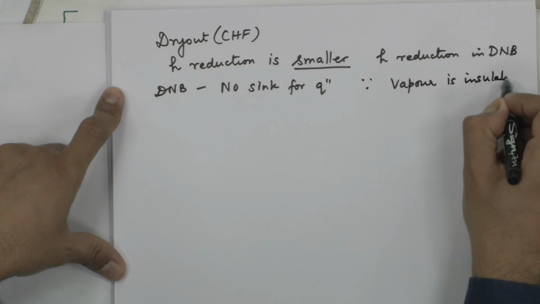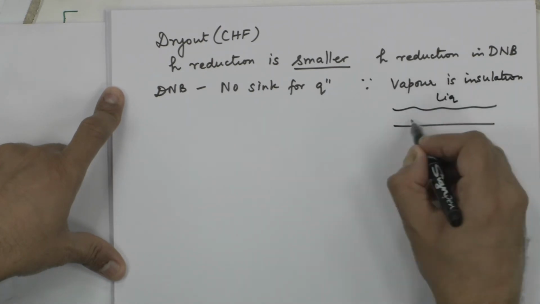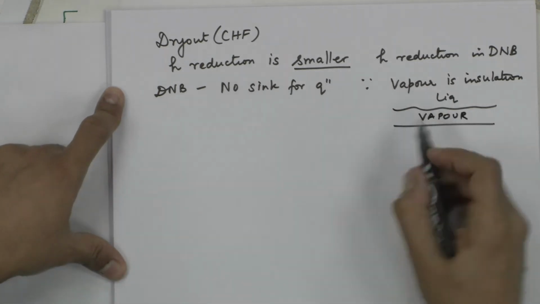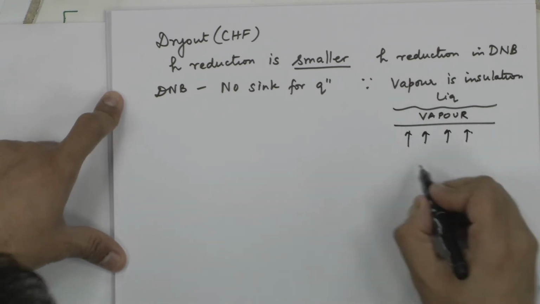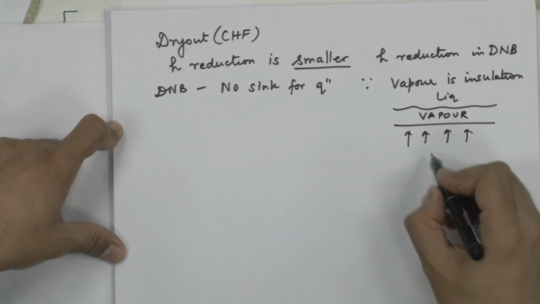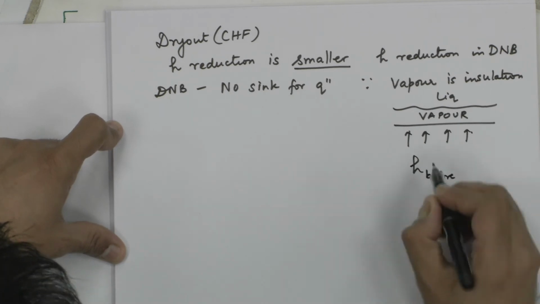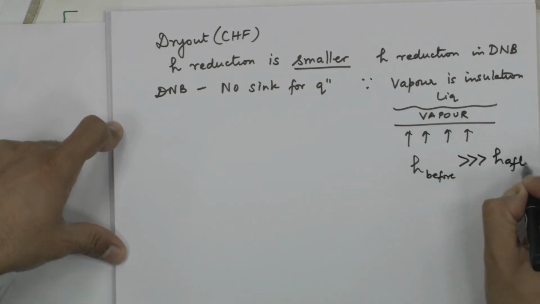Vapor provides an insulation blanket. So, you have liquid, lot of liquid is there, and this vapor is like an insulating blanket. It does not allow the heat to go, and because it does not allow the heat to go, the reduction in heat transfer coefficient H drop is large; H before is much larger than H after CHF has occurred.